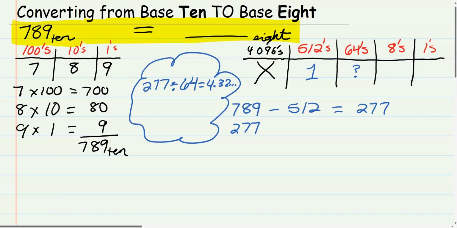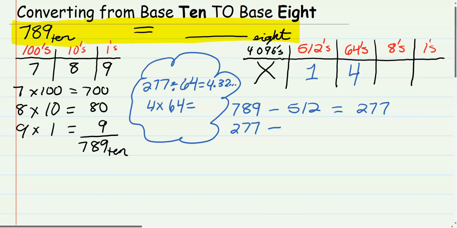That means you can have 4 copies of 64, 4 groups of 64. So what am I subtracting out? I am subtracting out 4 groups of 64.